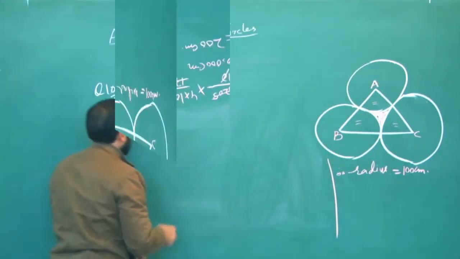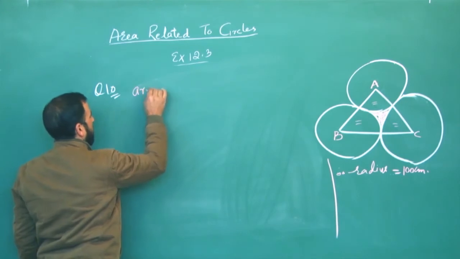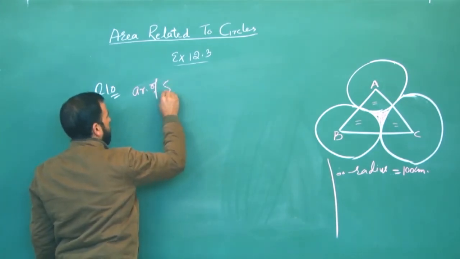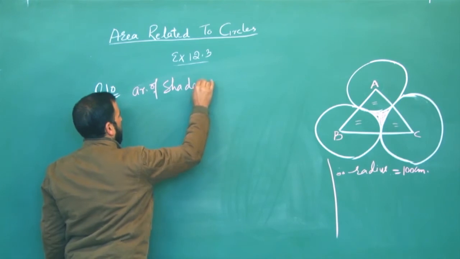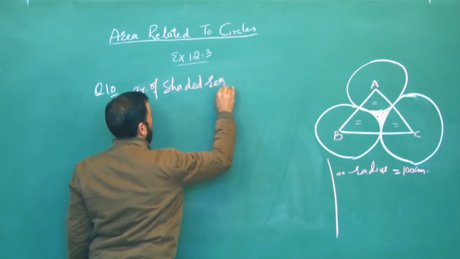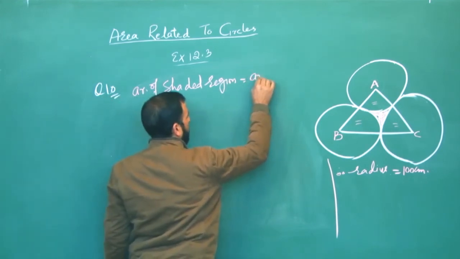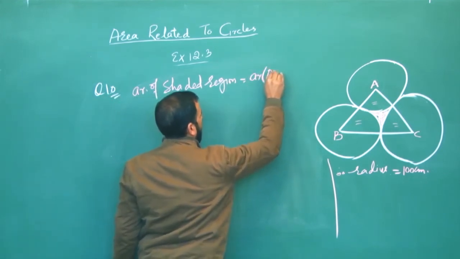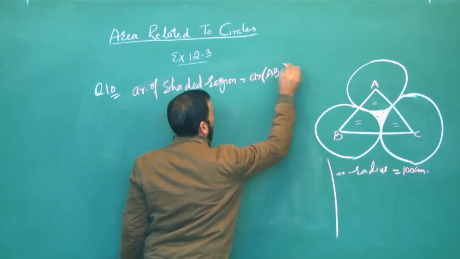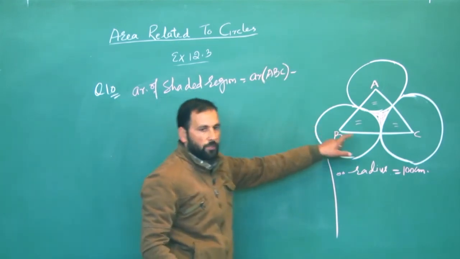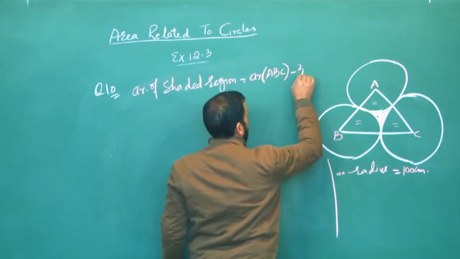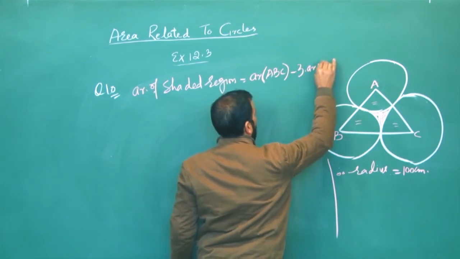Now area of shaded region is equal to area of equilateral triangle ABC minus 3 times the area of a sector.